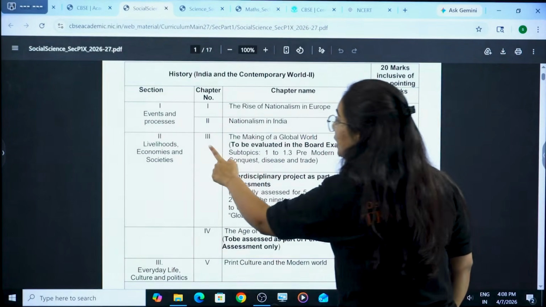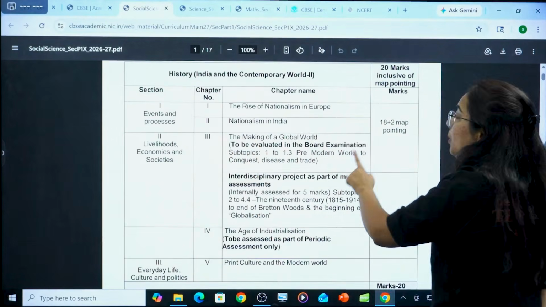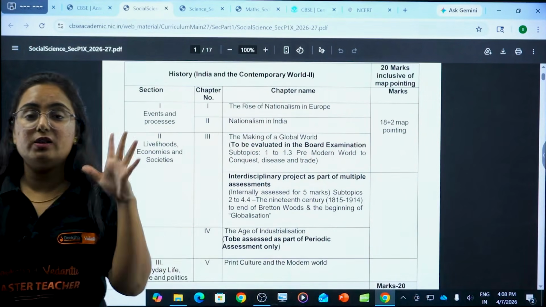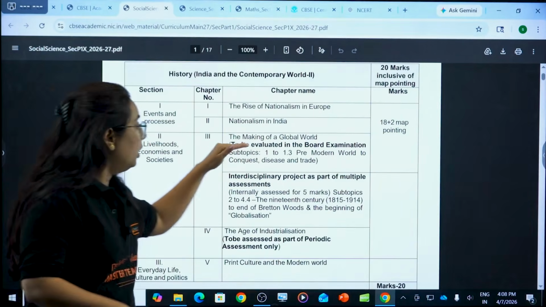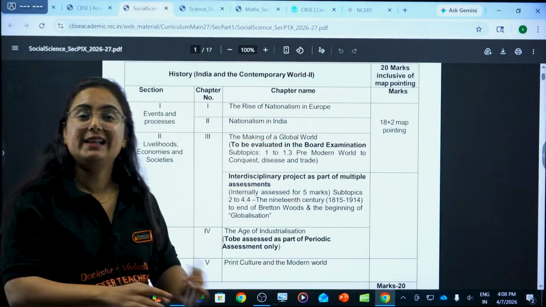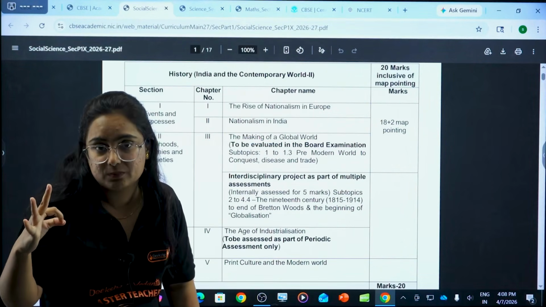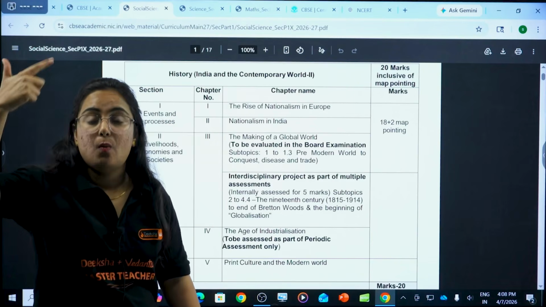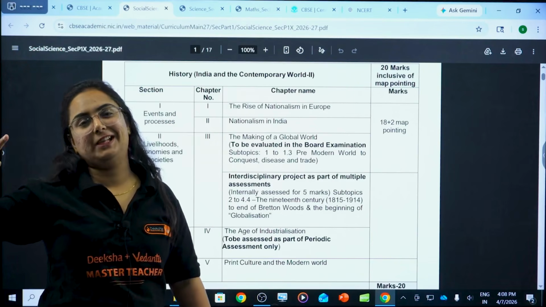When we talk about the third chapter, The Making of a Global World, I am saying this at the start because there are certain students who face problems. So in The Making of a Global World, only 3 topics are going to come. Okay, when you see your book, it will be 1.1, 1.2, 1.3.